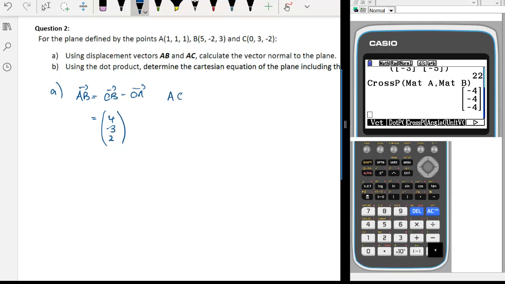and AC, remember that common origin point A allows us to find our vector normal. So AC, which will be OC take OA. And so if we go C take A, 0 take 1 is -1, 3 take 1 is 2, -2 take 1 is -3.